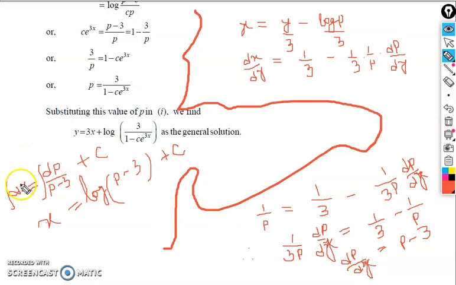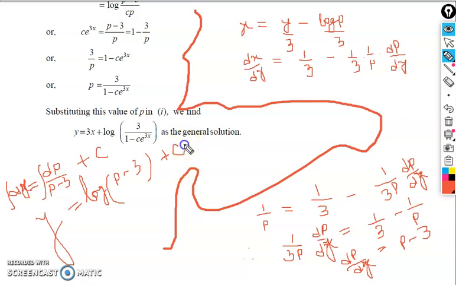So this one becomes y, and on integration the result should be y equals log(p minus 3) plus c.